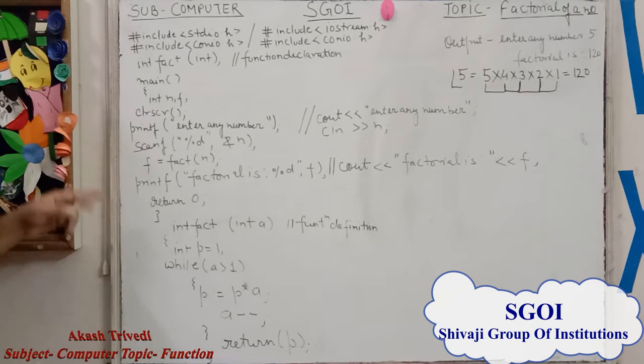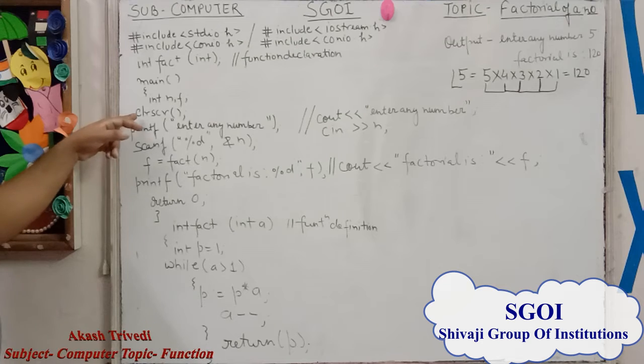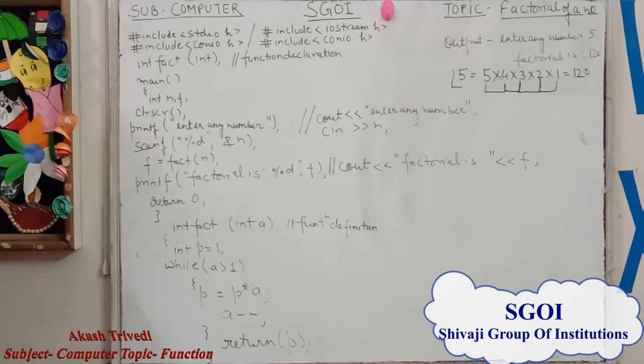Then we use a function, that is clrscr. The clrscr function is used in every program. Why? Because it clears the output screen. After that we give a message.